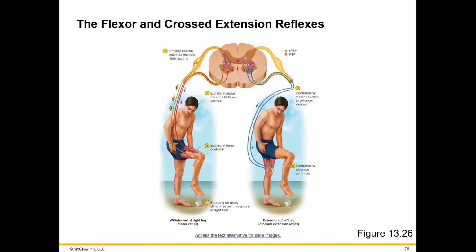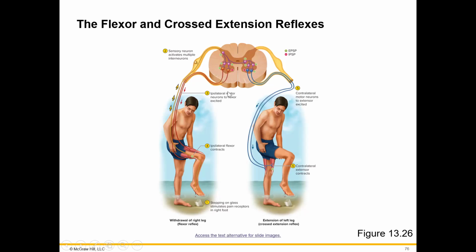Okay, this is the flexor and crossed extension reflexes. Number one, stepping on glass stimulates the pain receptors in the right foot. Number two, the sensory neuron activates multiple interneurons.